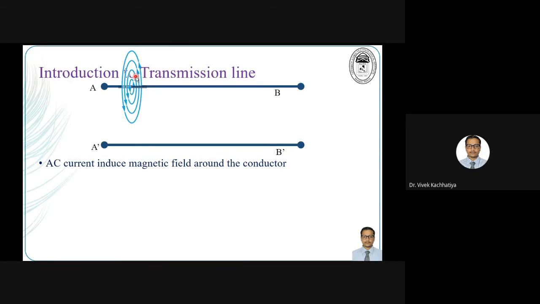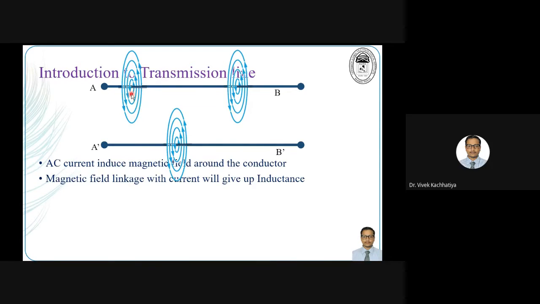So now the magnetic field is induced along the conductor. On this entire conductor, you will have a magnetic field. This is just a mutual inductance. This magnetic field linked with the current will give us an inductance. So far we were thinking only about the resistor.